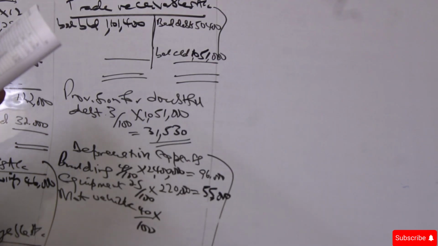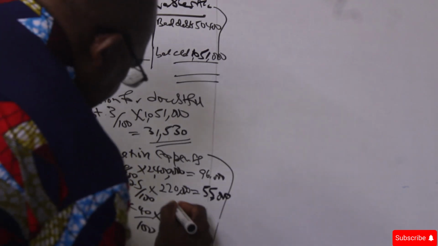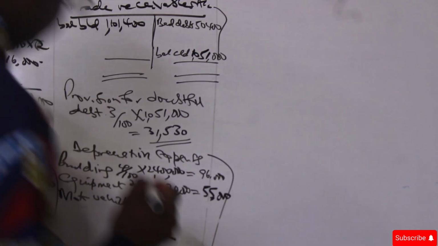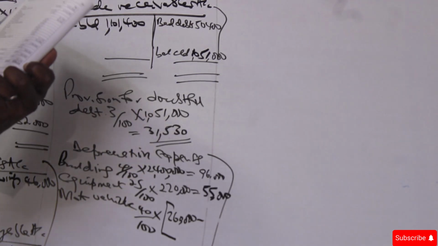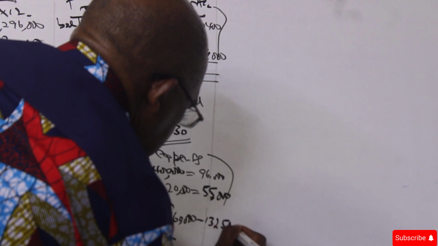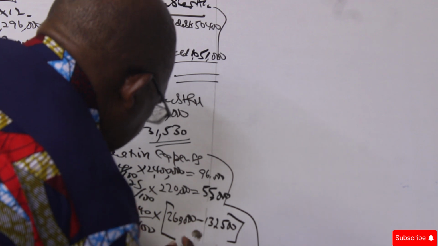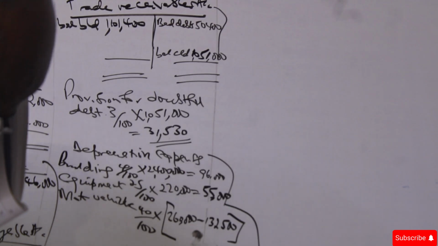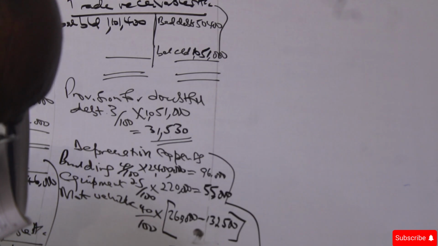So you get the original cost minus accumulated depreciation at the beginning of the year to get the net book value. The original cost for the motor vehicle is 260,000 minus the depreciation at the beginning of the year showing in the trial balance, 132,500.